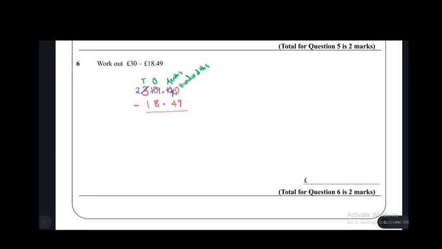Let me write 9 right there, and then this becomes 10. I borrow again, let me write 9 right there, and now this becomes 10. So 10 take away 9 is 1, so I'll write 1 there. Then 9 take away 4 is 5, and the decimal point is just below the others. 9 take away 8 is 1, and 2 take away 1 is 1. So our answer right there should be 11 pounds and 51 pence.